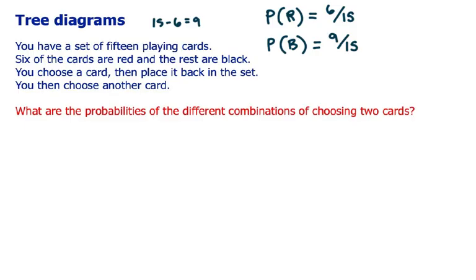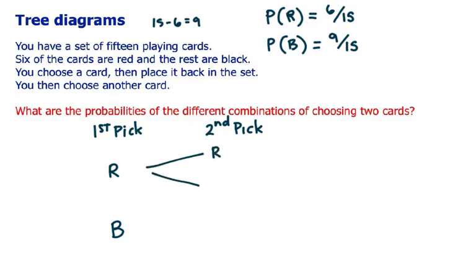What do I mean? We put the first pick, and then we put the second pick as a branch of the tree. The first pick, I either choose a red or a black card. Second pick, because I replaced the card back in, I still have the option. I can either choose a red or a black card.